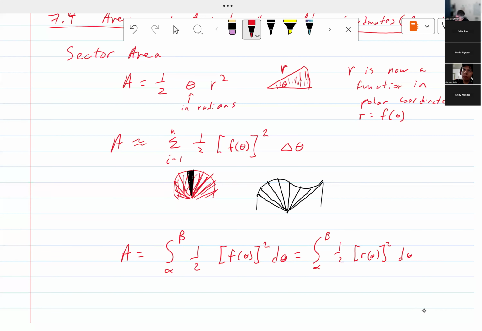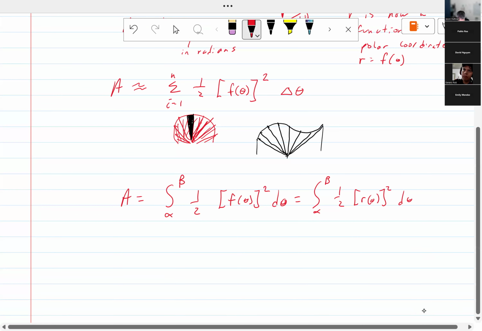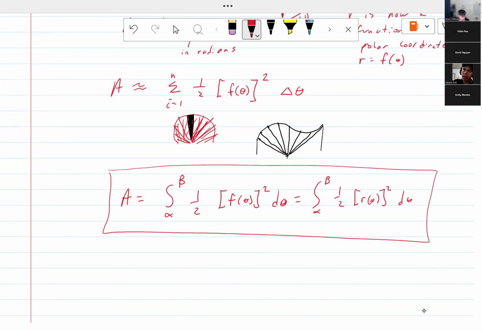So this is going to be our area formula. Area is equal to this guy here.